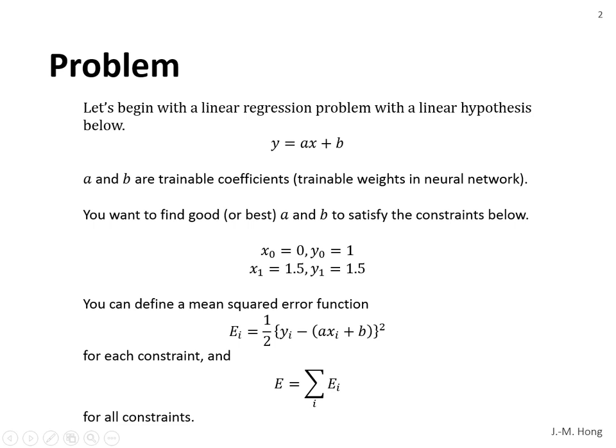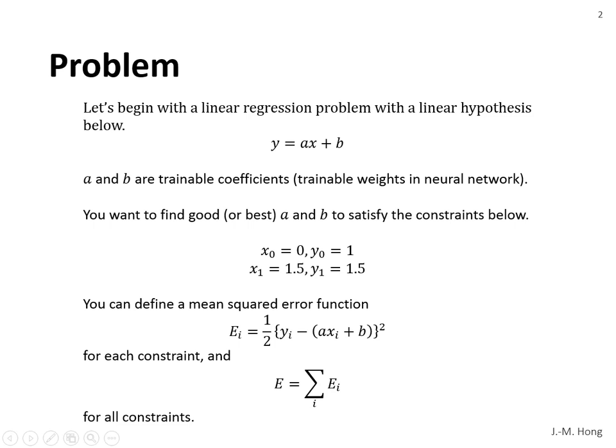So you want to find the best, but sometimes we need to be satisfied with just good solutions. Anyway, we want to find good values of the trainable weights a and b to satisfy the constraints below. There are two constraints.